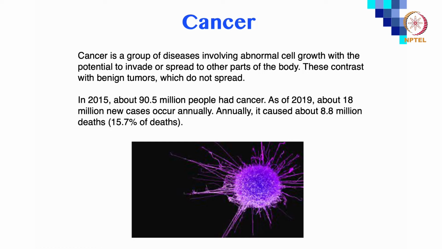The most common types of cancer in males are lung cancer, prostate cancer, colorectal cancer, and stomach cancer. In females, the most common types are breast cancer, colorectal cancer, lung cancer, and cervical cancer.